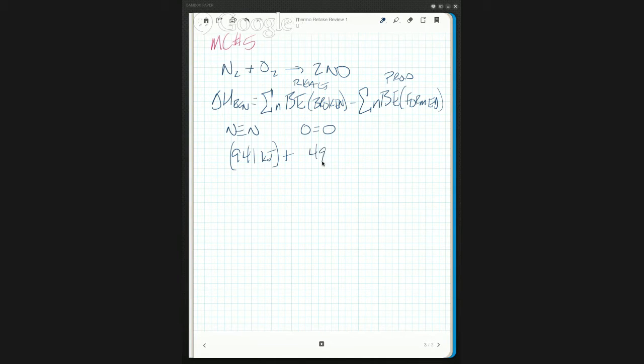So that's a 495 kilojoules, minus, and then we have an NO, and there's only one option for that. That's the 607. And the coefficient is 2 times 607 kilojoules.